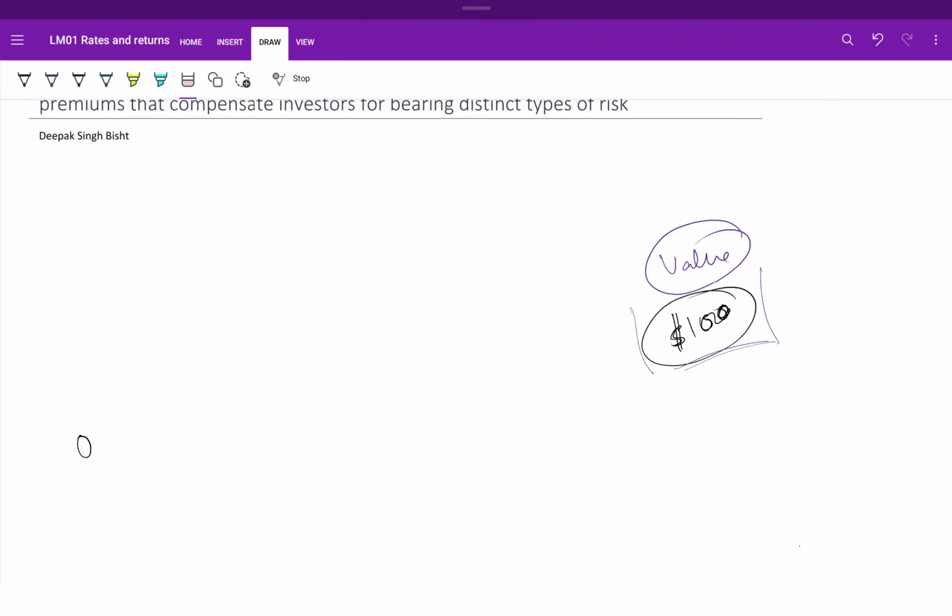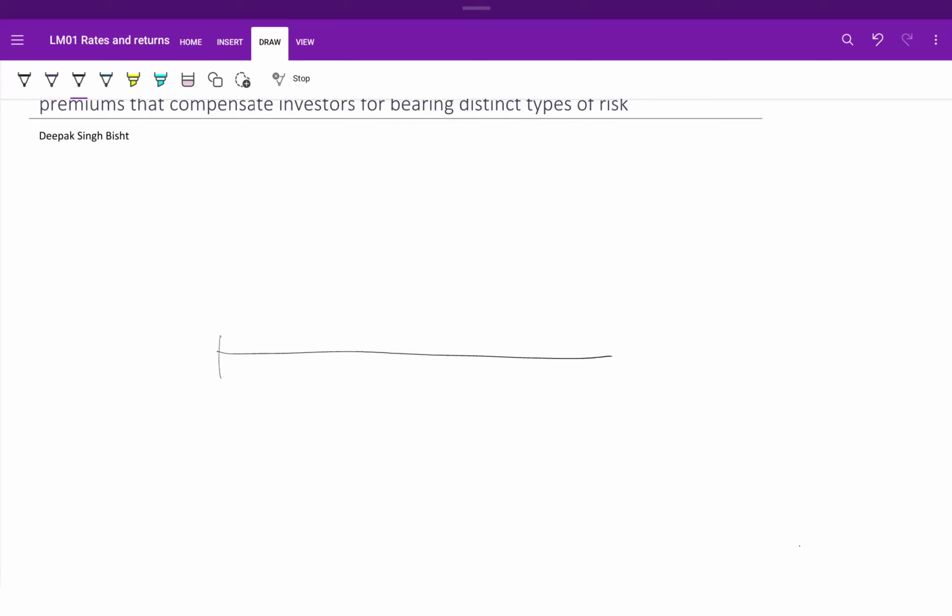Now let's say that you are indifferent about $100 versus money at a later point of time. Let's say that I'm saying the present value is $100, and the future value I'm going to give you is $110 after 1 year. So at time zero and time one, I am giving you an option to have $110.